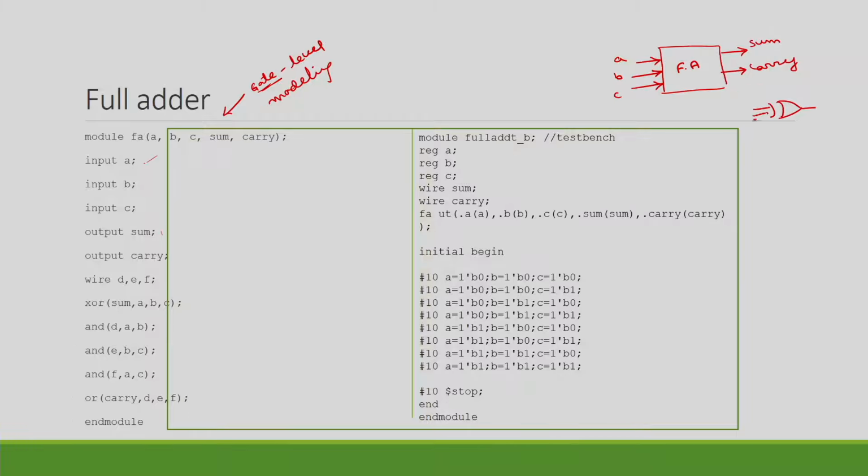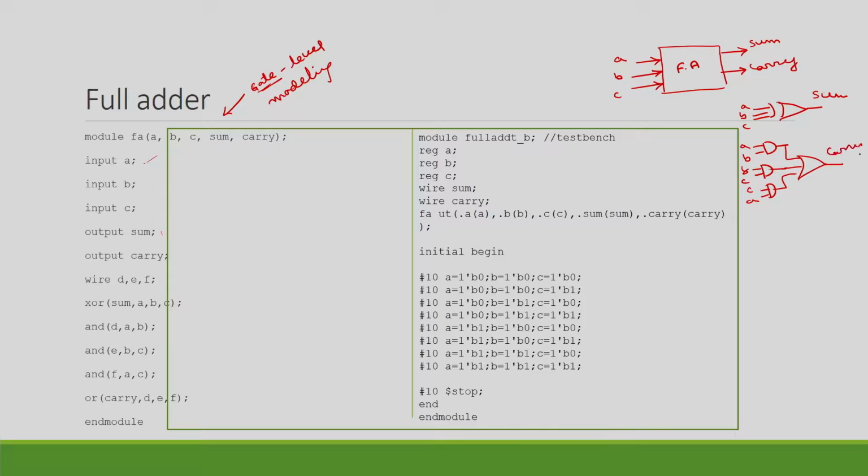Sum is the exclusive OR of A, B and C, and carry is A B, B C, C A, and then finally you have to OR them.